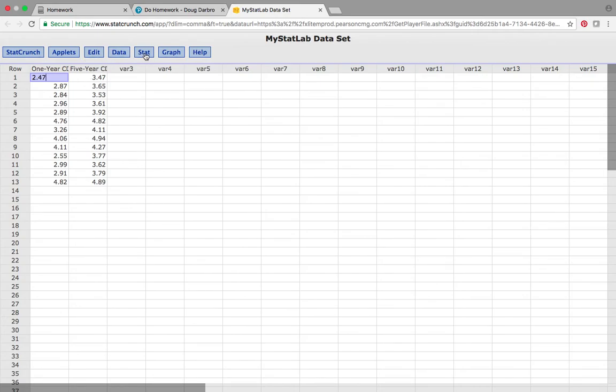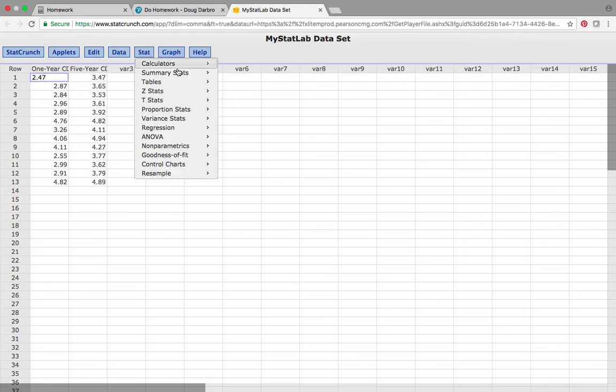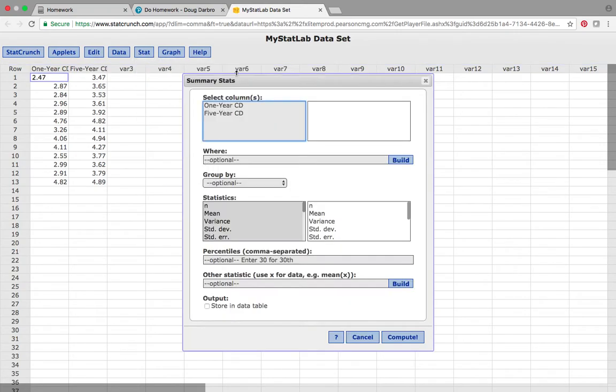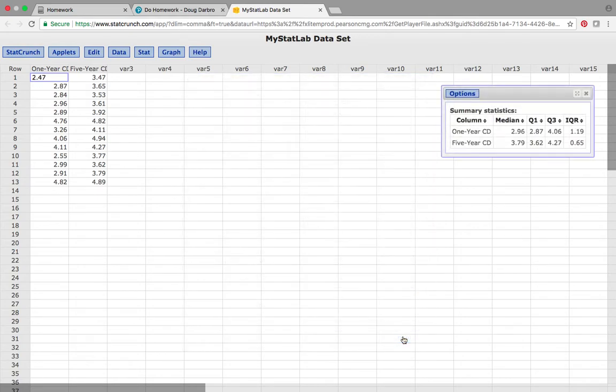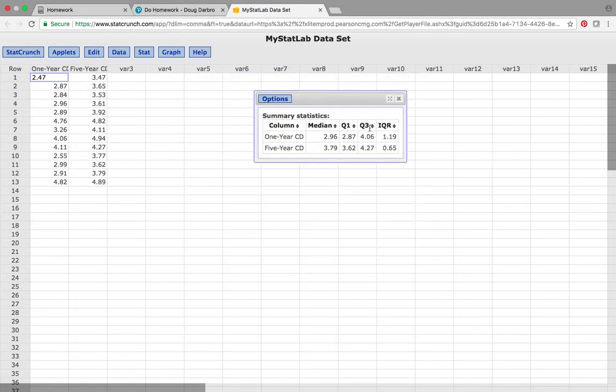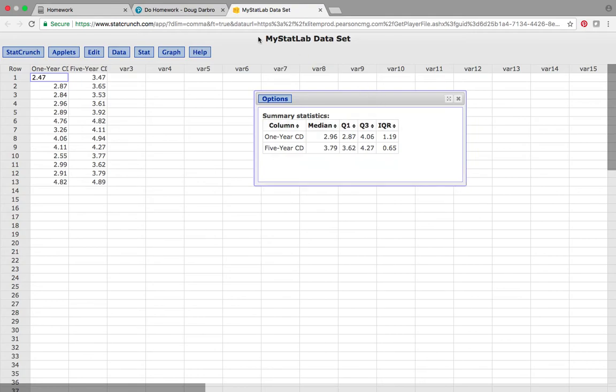I guess what I'm going to do is predict what I think they're going to want. So I'm going to go ahead and add both variables, because I'm assuming that ultimately I'm going to need that. And I'm also going to assume that I'm going to need the median, Q1, Q3, and the IQR. So I'm just going to go ahead and get it all. All right, guys, so I have everything now.